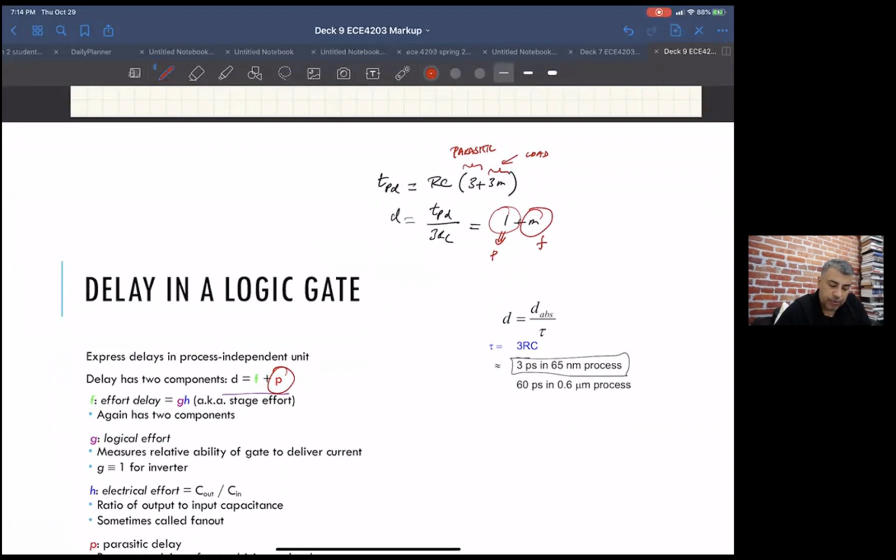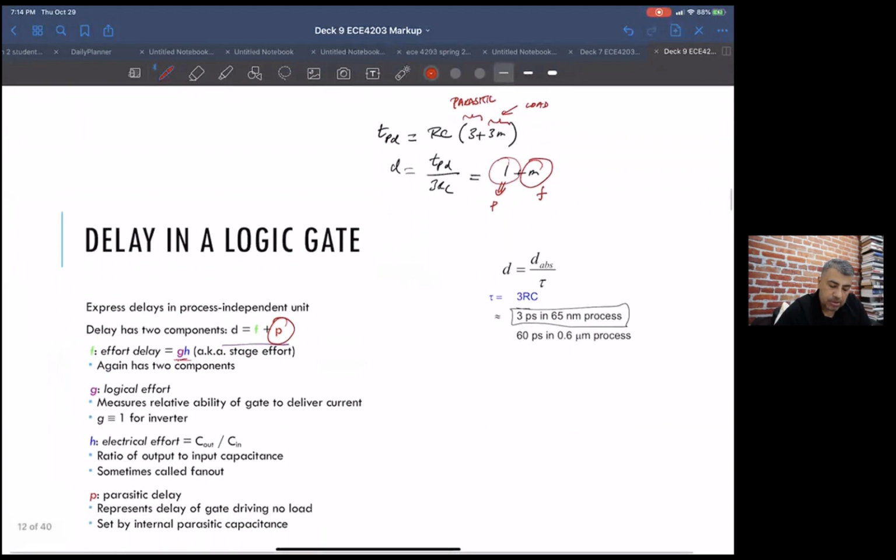Then we further define this effort delay as a product of two components: one being the logical effort, and the other the electrical effort, or the fan out. Why are we doing this?